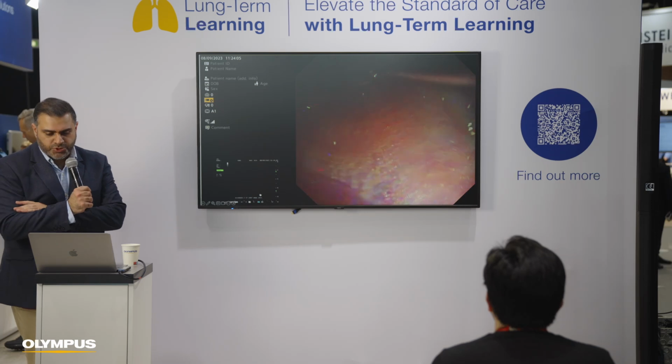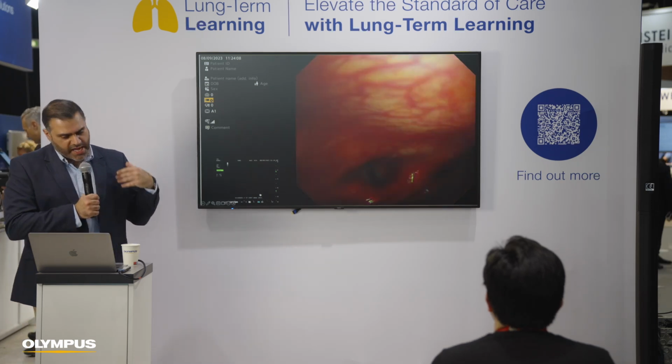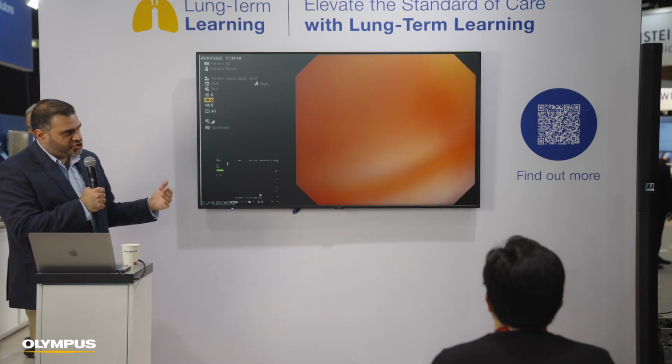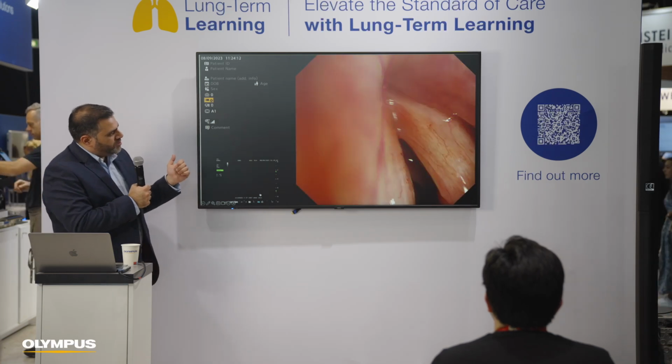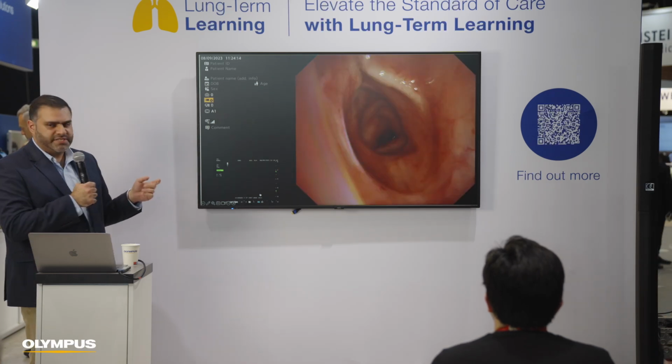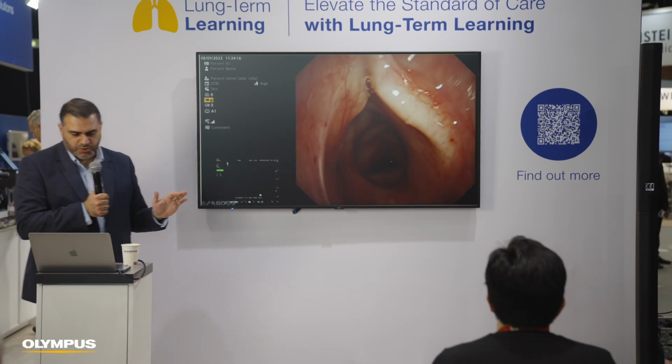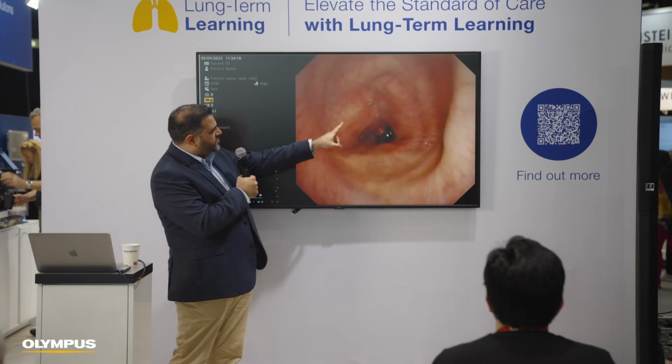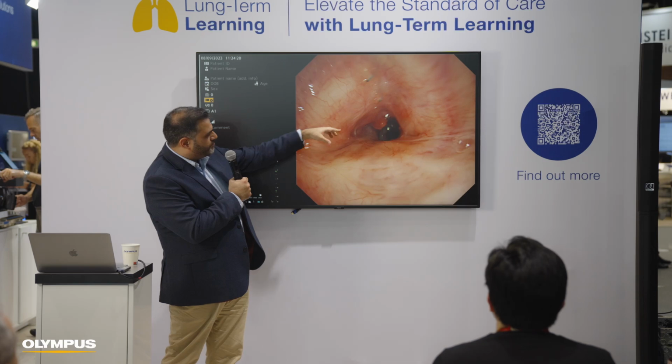Okay, so this is a patient of mine who had a congenital tracheal stenosis, had a repair in his childhood, and then invariably all these patients end up with some sort of stainless steel stent in their airways, and you'll see some of the remnants of that here.